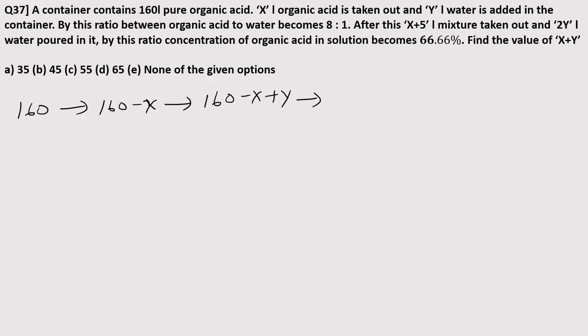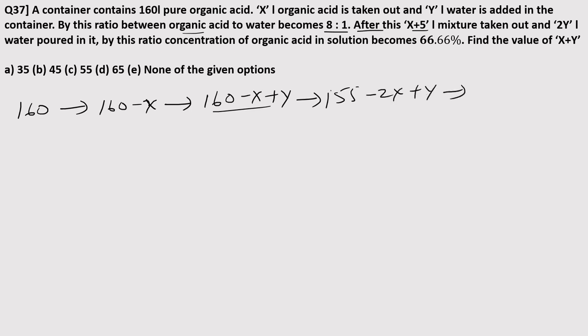Then after this, the ratio between organic acid and water becomes 8:1. Okay, I'll take care of this thing later. After that, x minus 5 is taken out. Means after this, x minus 5 from this is how much? 155 minus 2x plus y.